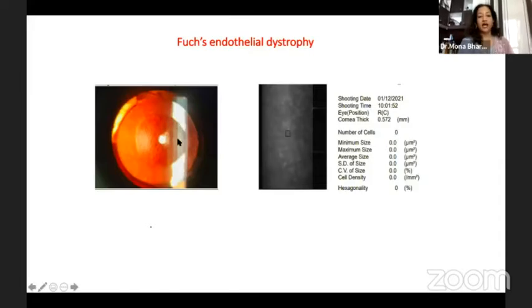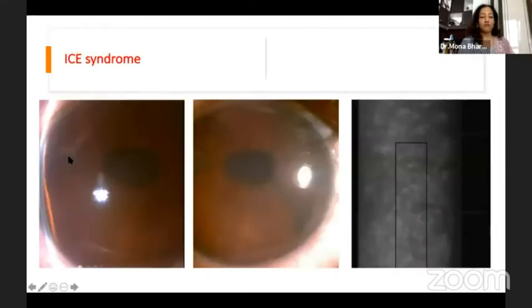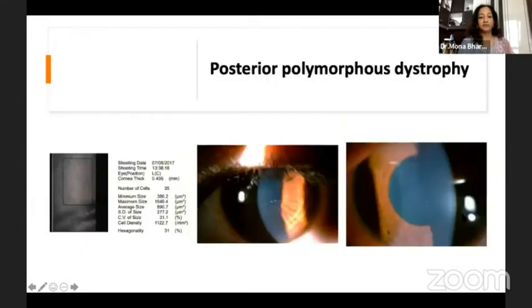Presence of guttae on high illumination should definitely necessitate a specular examination, where the presence or absence of cells can give us an idea of the cell morphology, type, and the stage of the disease. Presence of microcystic edema on corneal examination with multiple areas of peripheral anterior synechiae can rule in the presence of ICE syndrome with a specular image like this.